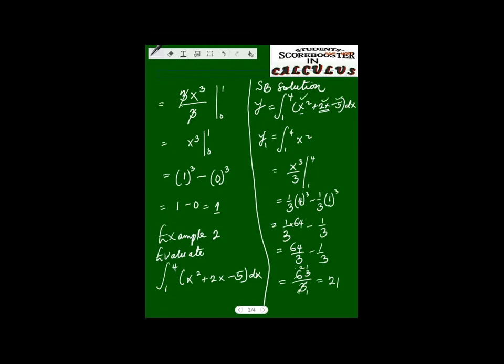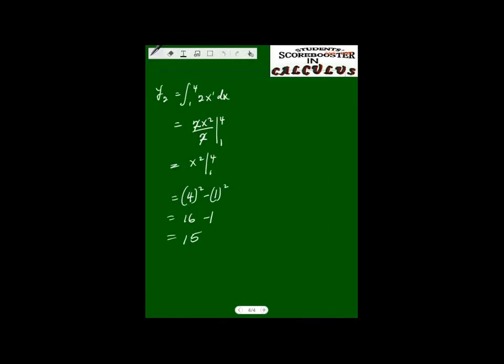So I'm going to say y3 is equals to 5, or minus 5 if I like. So now I will say y3 is equals to the integral of 1 to 4 of minus 5 dx, right?